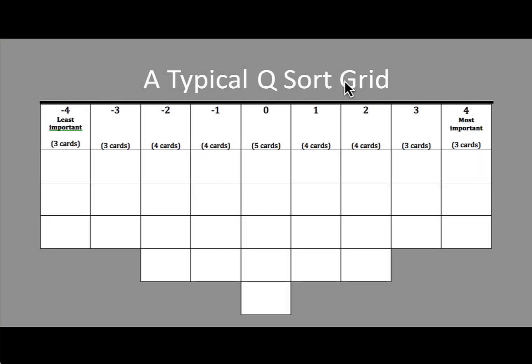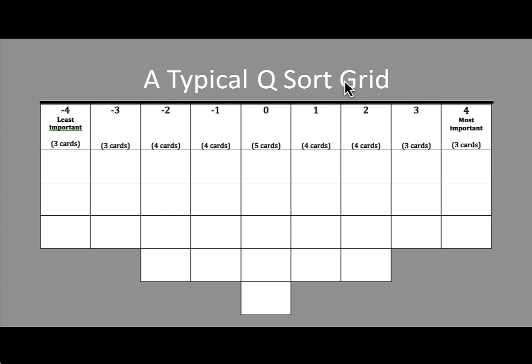The sort items, again usually statements, are sorted using a very special kind of grid. Here's an example of a typical Q-sort grid. Now, a Q-sort grid can take different shapes. It can be more narrow and taller, or wider and shorter, but it's always going to have this symmetrical kind of shape.